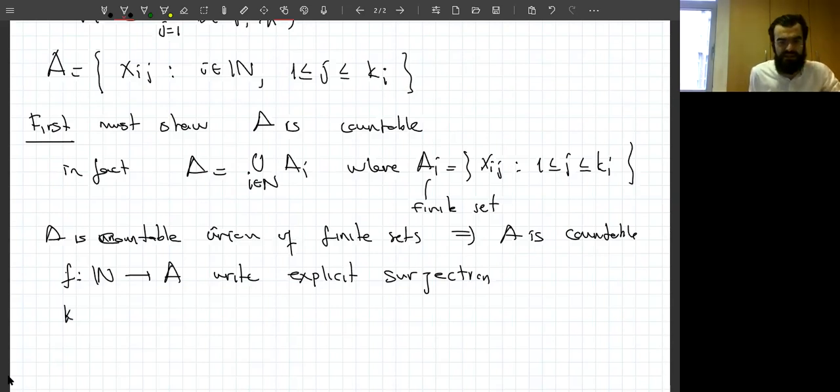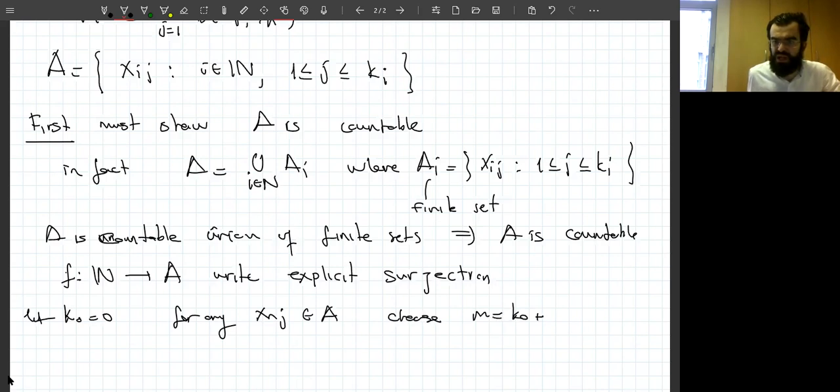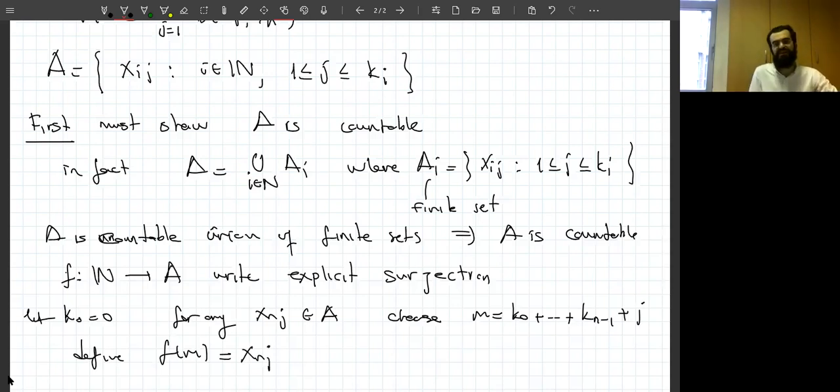Idea is this. Let k0 become 0. For any x_nj in A, choose m equal to k0 plus k_{n-1} plus j, and define f_m as x_nj.